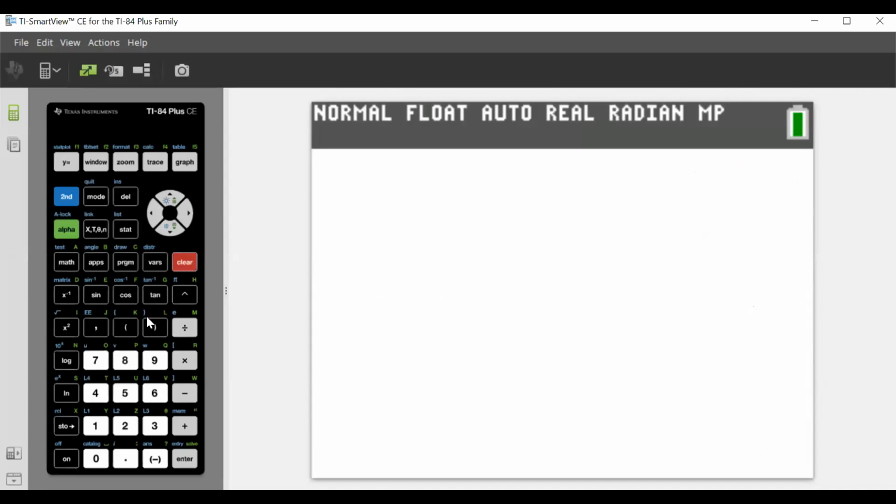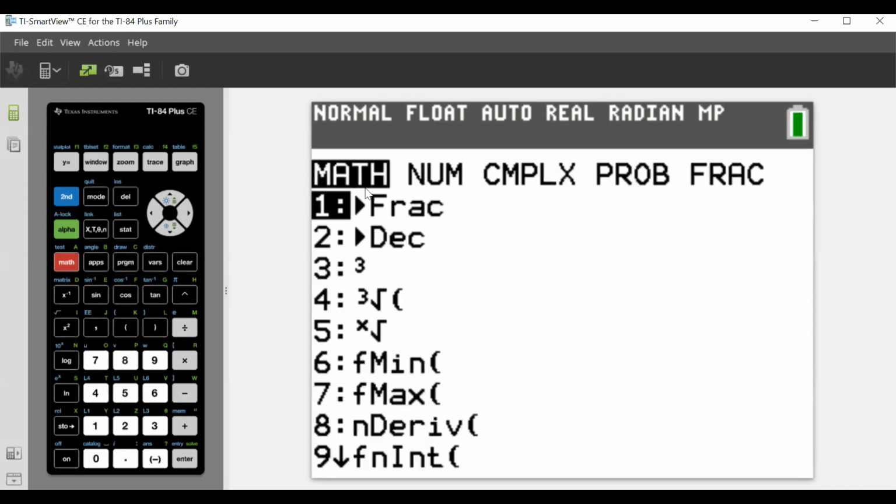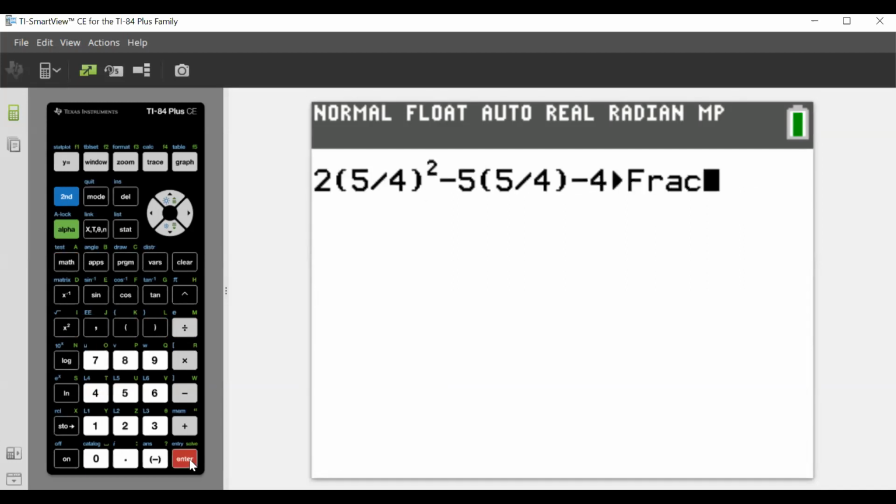And so what we have is the 2 times 5 divided by 4 squared. And then we had minus 5 times 5 divided by 4. And then we had minus 4. And now I'm going to say, well, let's do a fraction so I know what the fraction is.